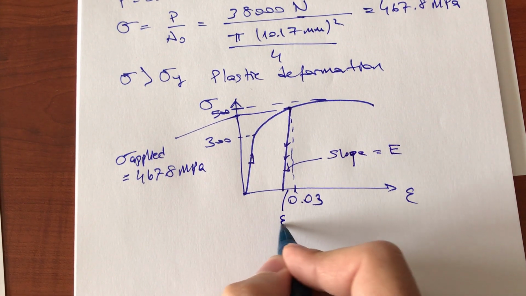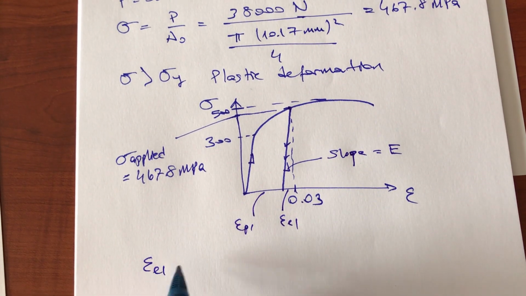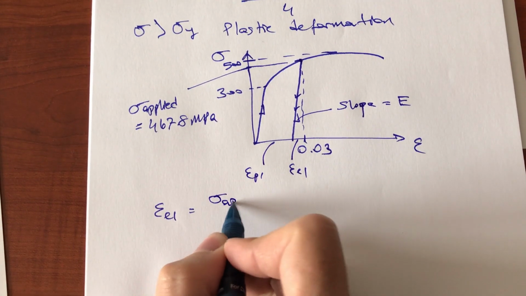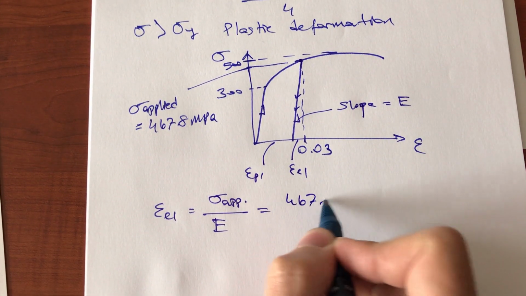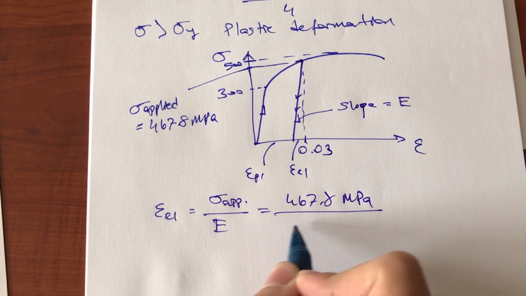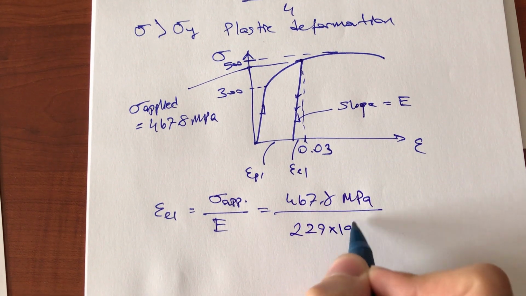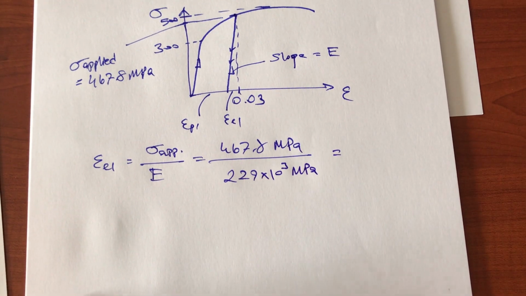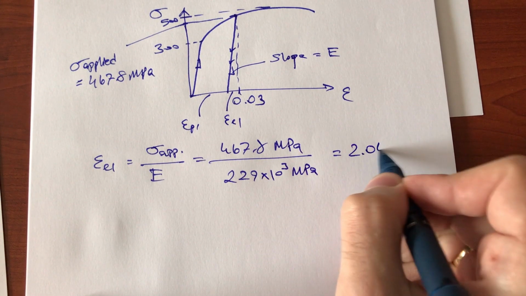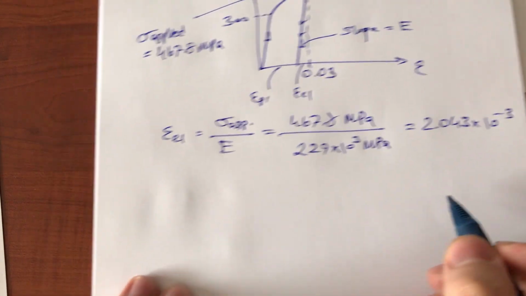And this part is the elastic part of the strain, and this part is the plastic part of the strain. The elastic part is simply applied stress divided by Young's modulus. Again, if we divide and convert Young's modulus to megapascals, we find the elastic part of the strain as 2.043 times 10 to the power minus 3.